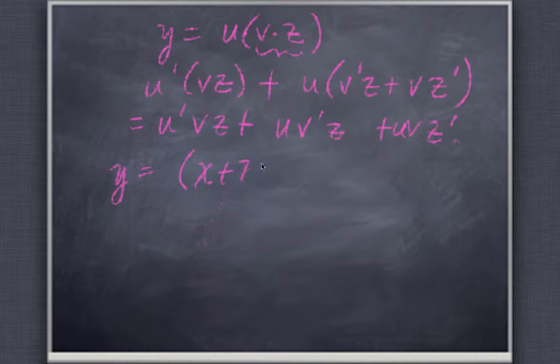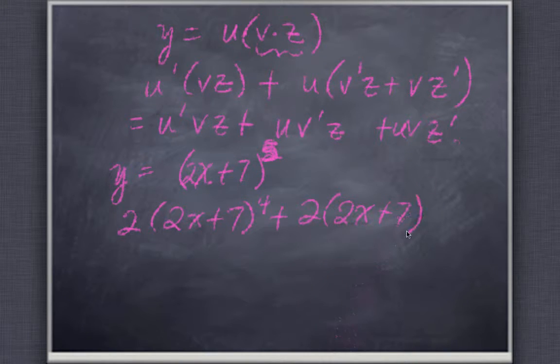So if these are all the same, so if I had y equals 2x plus 7 to the fifth, then for the first one I'd have the derivative of the first 2x plus 7 times all the other ones. And on the second one, I'd have 2x plus 7 times 2 times 2x plus 7 cubed. So I'd have the same thing. In each case, I get the function 1 fewer times, and I get the derivative.